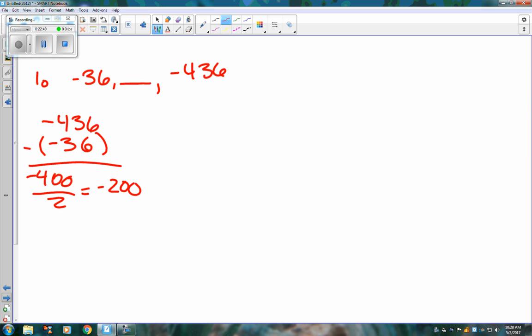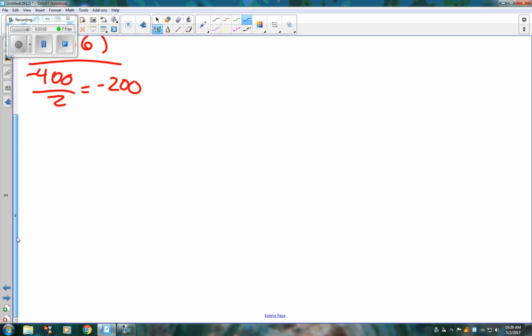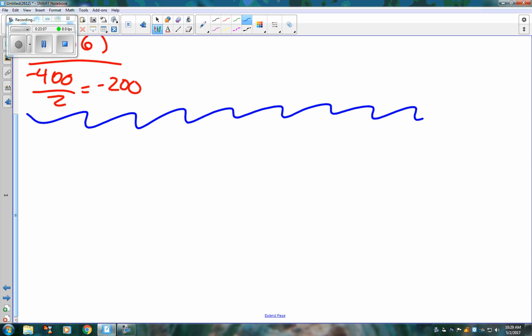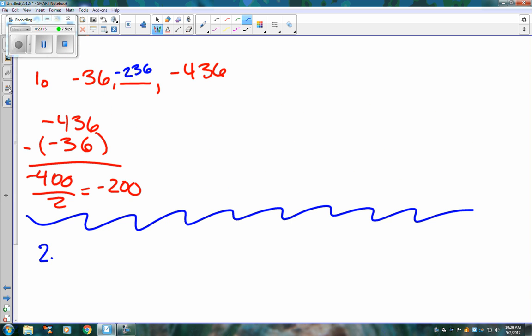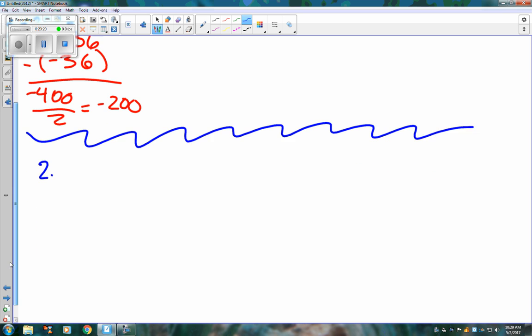So what's my missing term? Just simple math. Alright, so that was problem 1. Let's scroll down. I took that number minus this number and divide by the number of spaces I have in between.